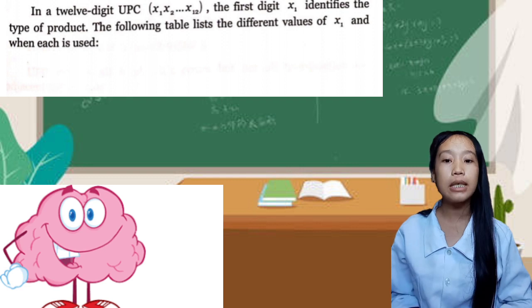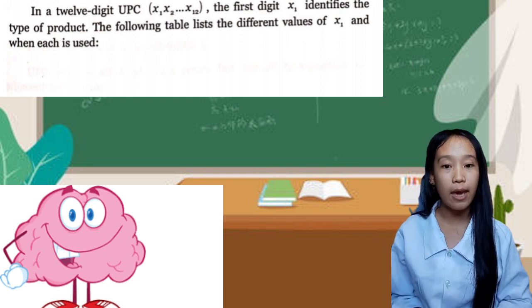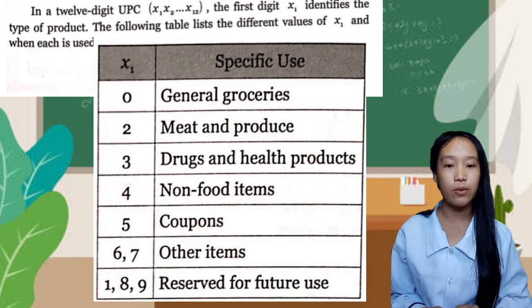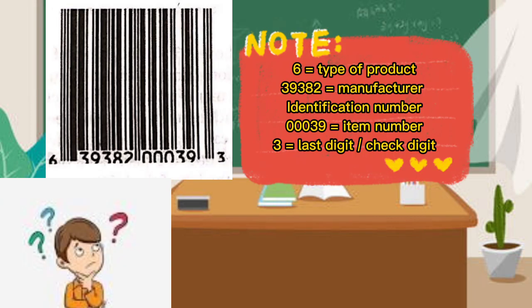The following table lists the different values of X and when each is used. In the barcode above, 6 is the type of product. 39382 is the manufacturer's identification number, and 00039 is the item number.